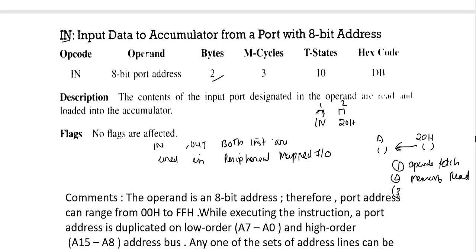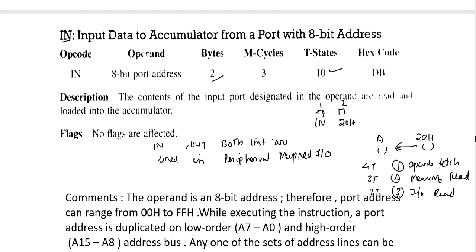Third machine cycle: because we are taking data from the input device that is outside the processor, it will count as a machine cycle. So the next machine cycle will be IO read. If we talk about T states, it will be 4T, 3T, 3T: 4 plus 3 is 7, 7 plus 3 is 10. So it has 10 T states.